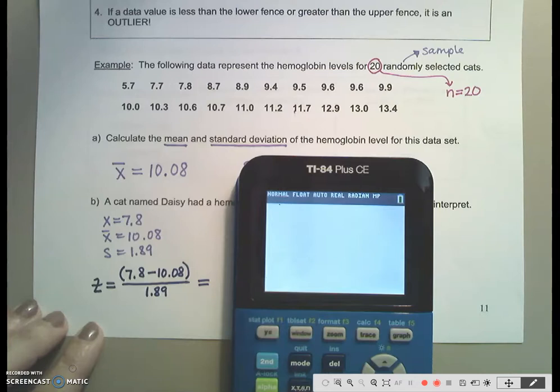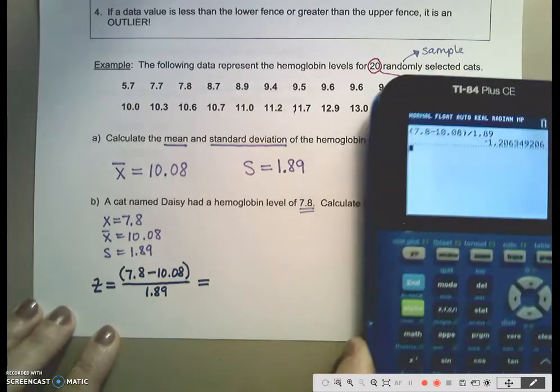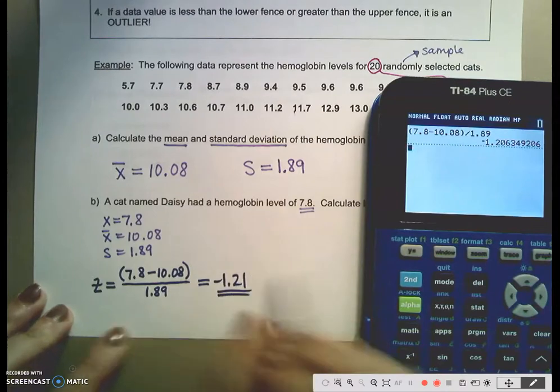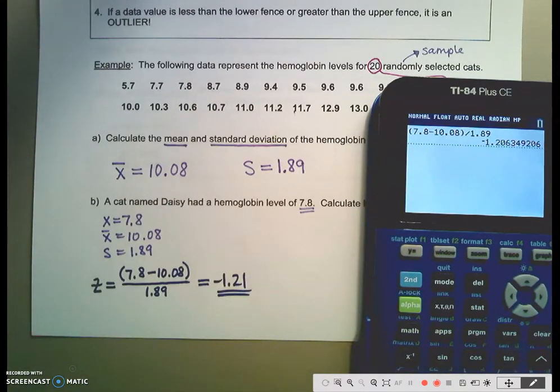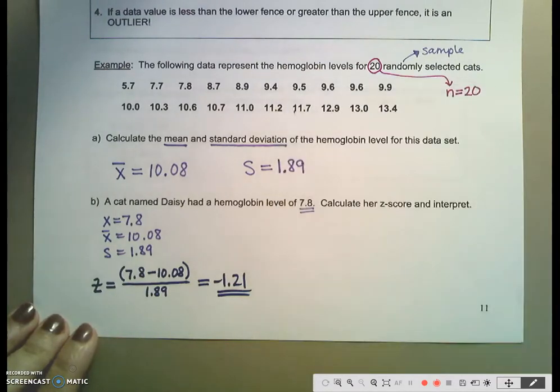So second quit, 7.8 minus 10.08 over the standard deviation. And I get roughly negative 1.21. Which is negative, which we knew was going to happen because I just said her hemoglobin level was below the mean. So there's her z-score.